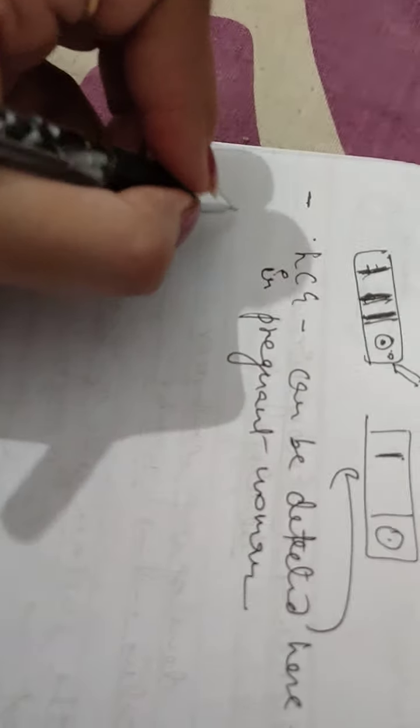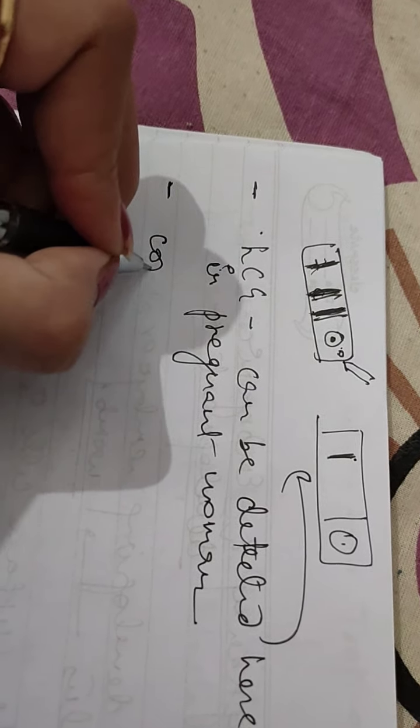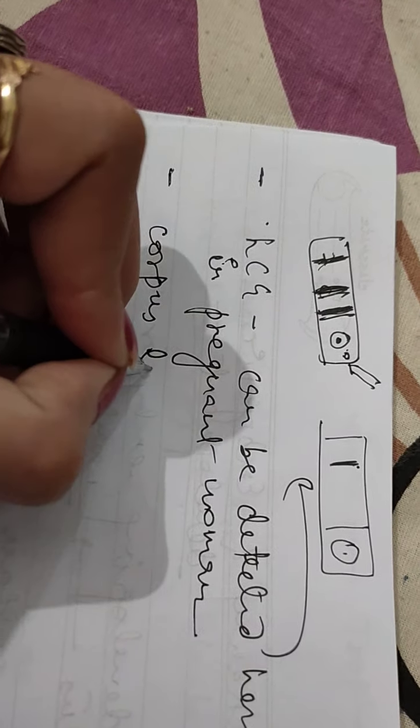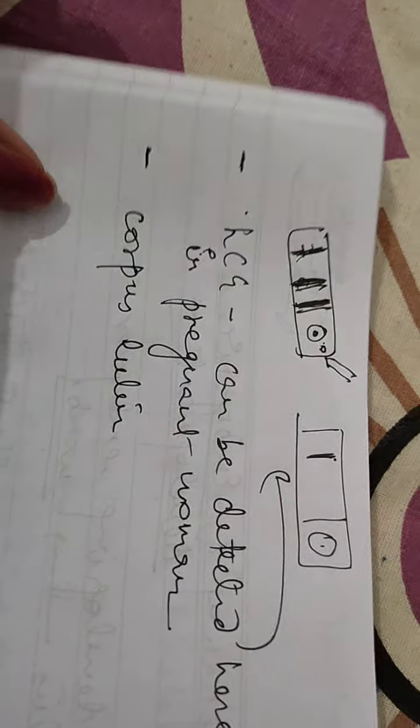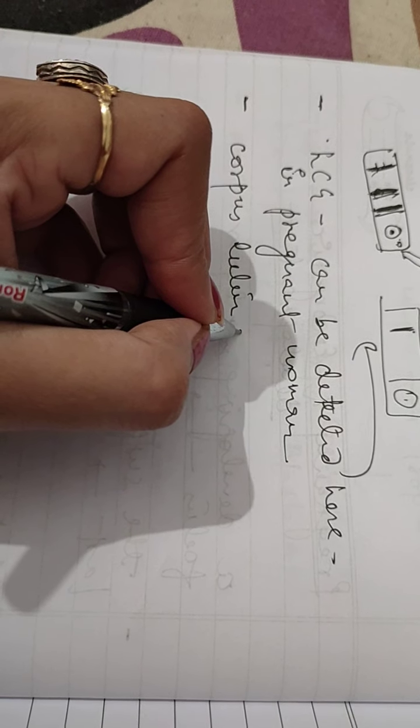So what is the function of hCG? It maintains the corpus luteum, which, as you have seen yesterday, secretes progesterone, and which is important for maintaining pregnancy.